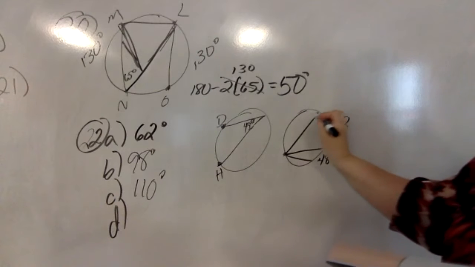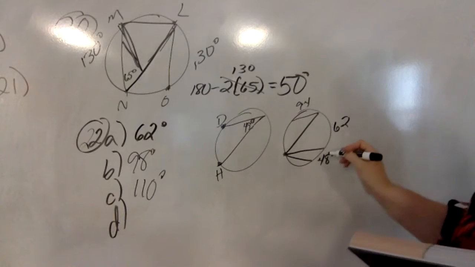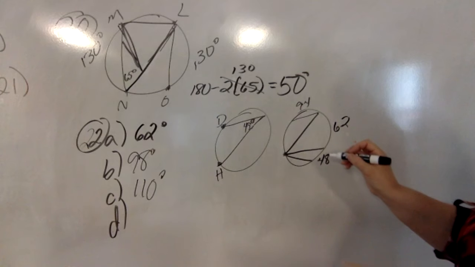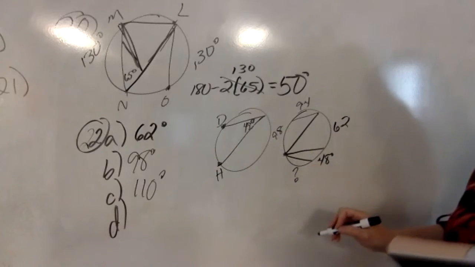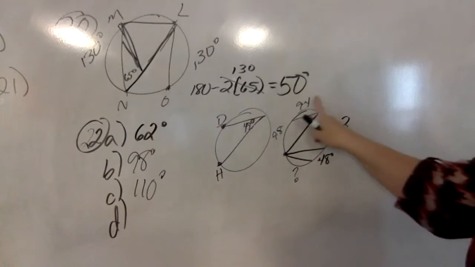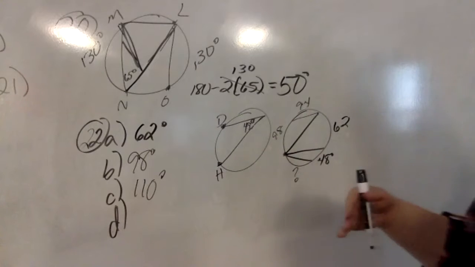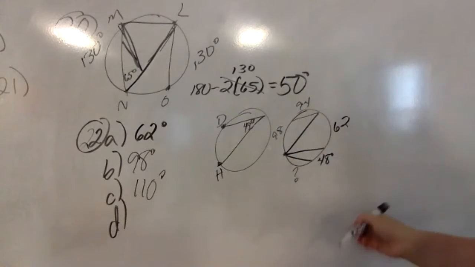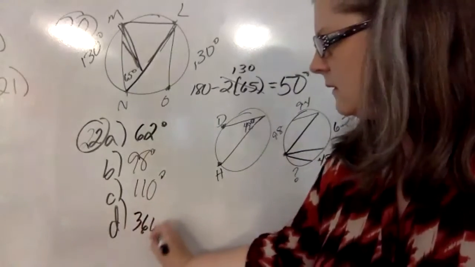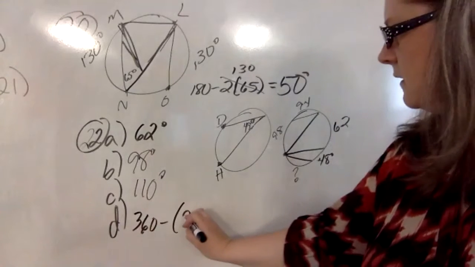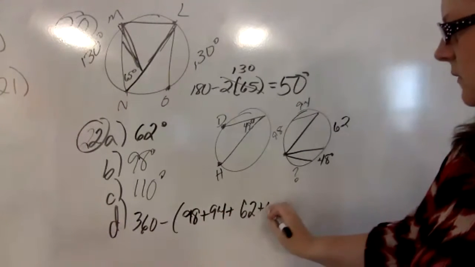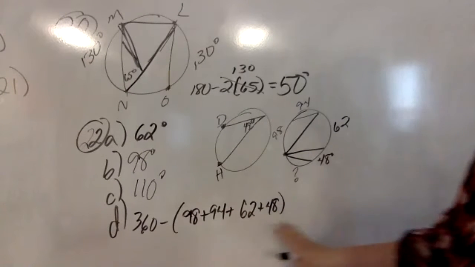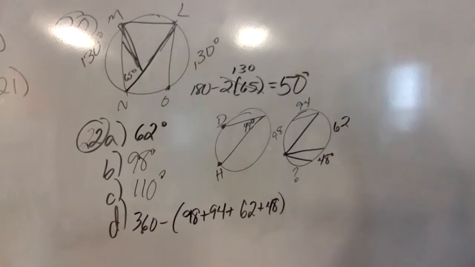On our picture, it told us this part here was 94. We found DH from here to here was 98, and we're looking for the piece down here. So you add all of these together and then subtract it from 360. So I've got 360 minus 98 plus 94 plus 62 plus 48.